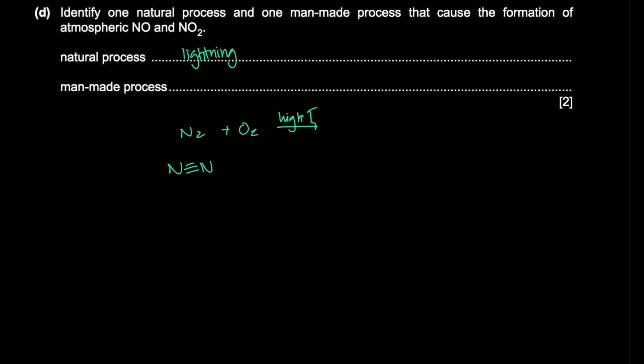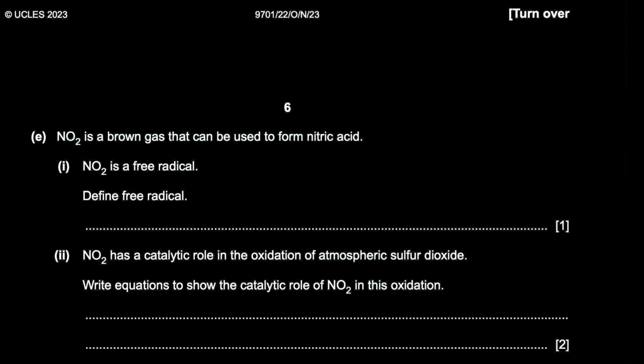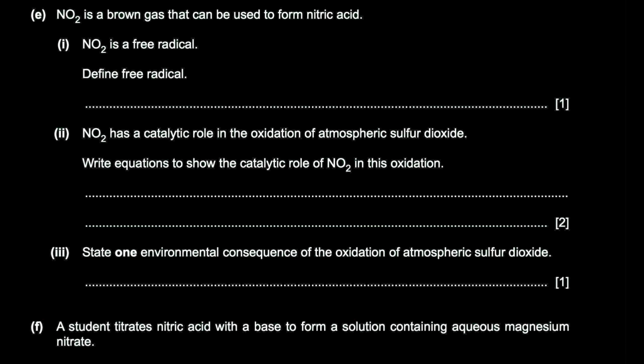Or in cars, in combustion engines, where you have very high temperatures, so that provides enough energy, the activation energy, for nitrogen to react with oxygen. NO2 is a brown gas that can be used to form nitric acid. NO2 is a free radical.